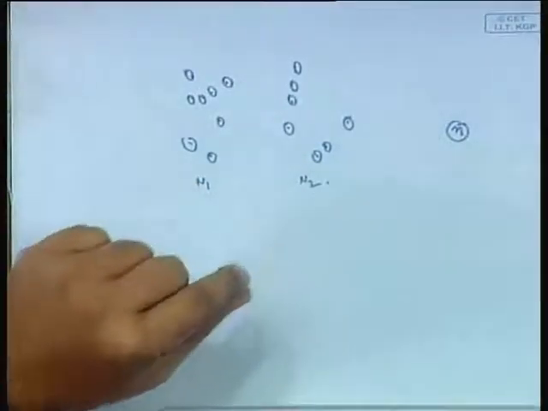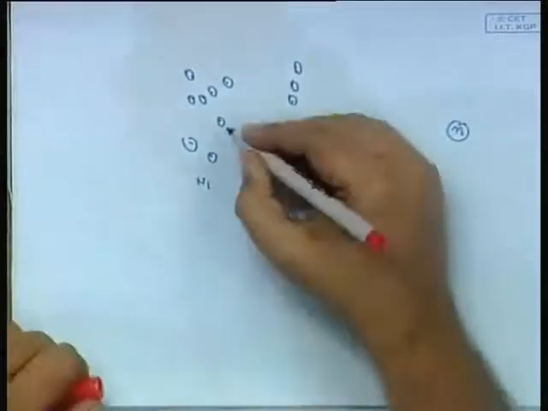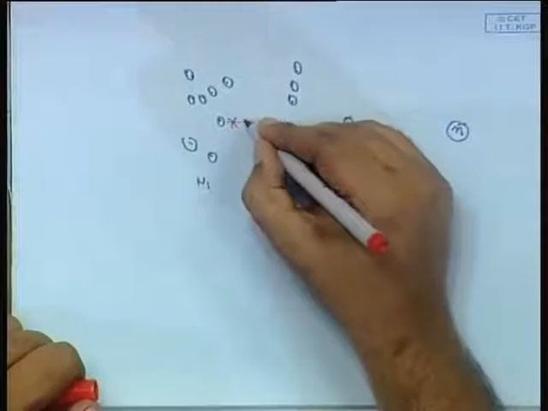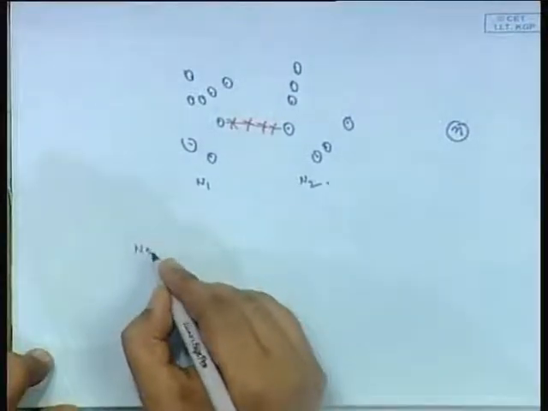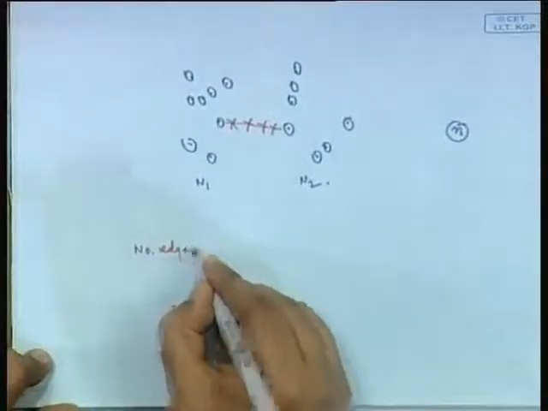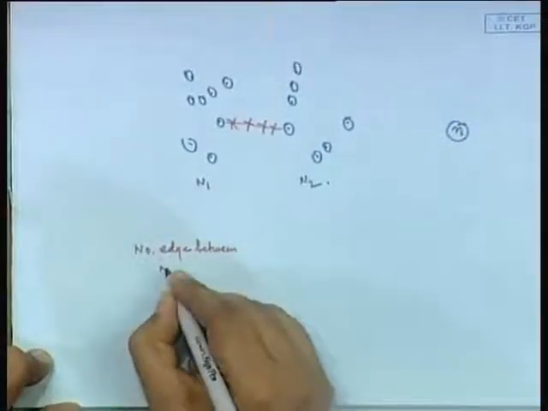If I throw an edge, that shouldn't fall here, that shouldn't fall here. So, no edge between n1 and n2.